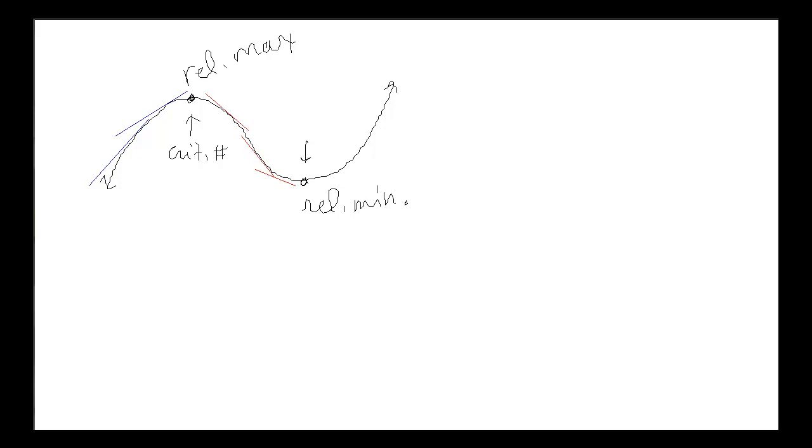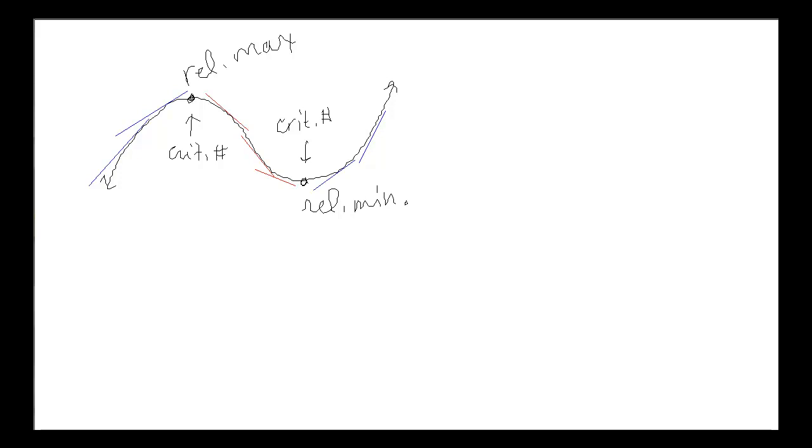Similarly, for a relative minimum, again, we've got a critical number here, right? A place where the derivative is 0. In this case, it's going to be the reverse. We have a negative derivative to the left and a positive derivative to the right.